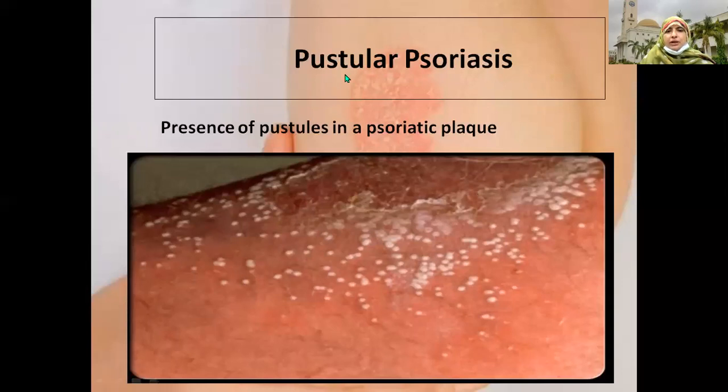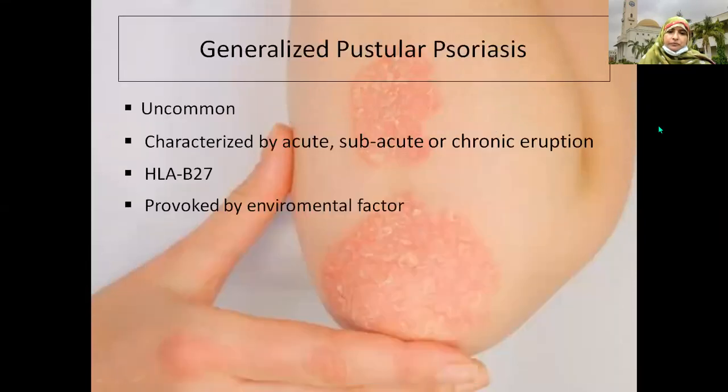Pustular psoriasis is a typical form which may be localized as well as generalized. In localized pustular psoriasis, there is presence of pustules upon a psoriatic plaque, and sometimes these pustules may coalesce to form lakes of pus as well.